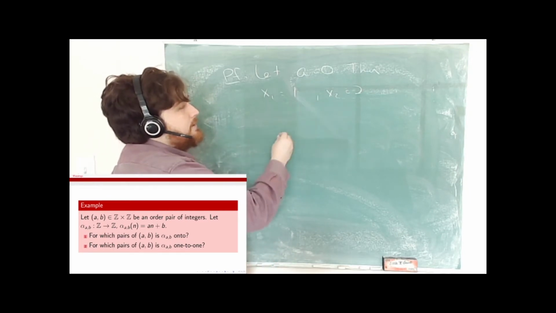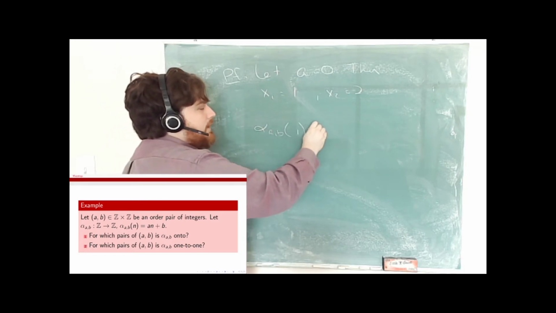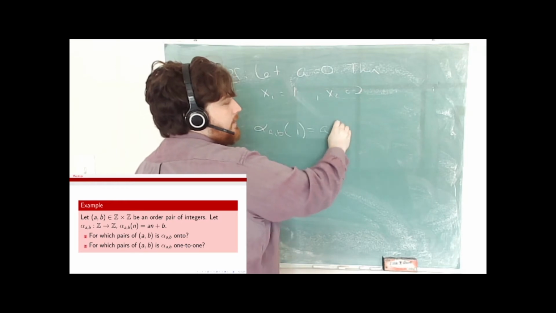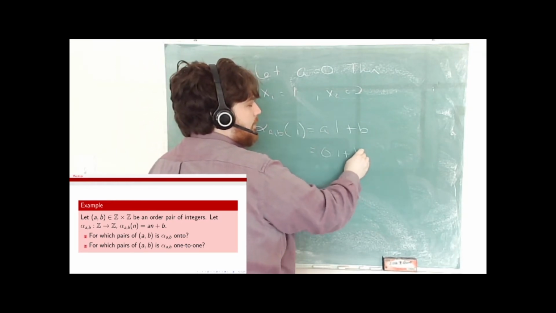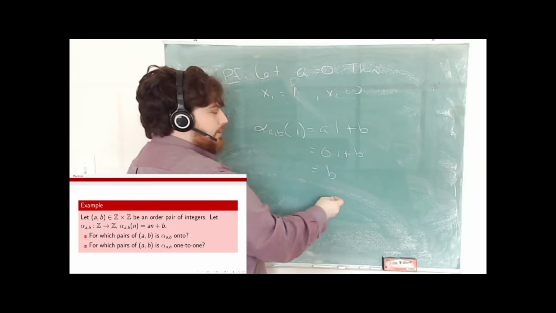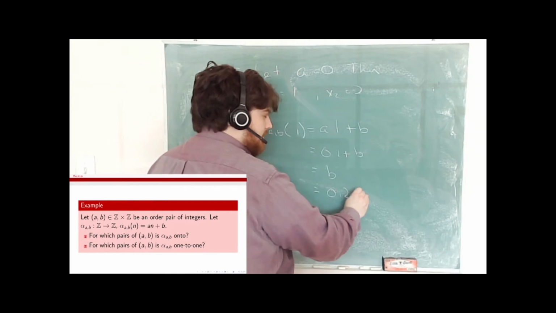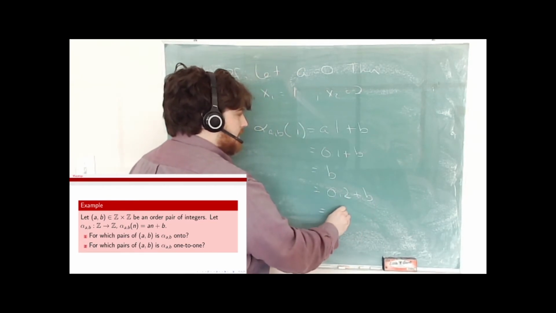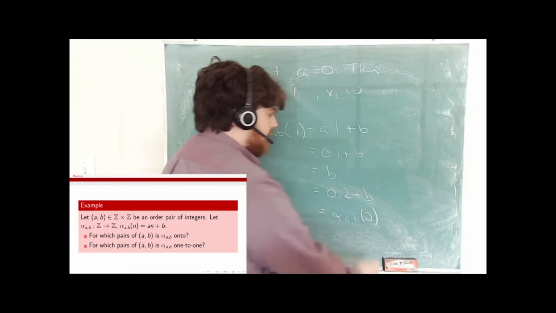So if a is equal to 0, then alpha sub ab of 1 is equal to a times 1 plus b, which is 0 times 1 plus b, which is just b. But that's also equal to 0 times 2 plus b, which is alpha sub ab of 2.